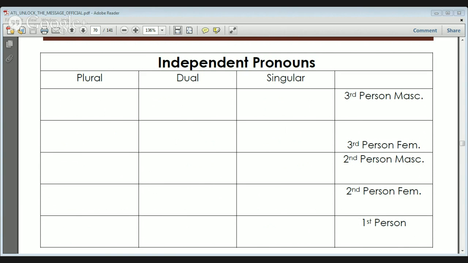So actually, I'm not going to write anything there for you. Same. The third is hum, which means them. And for hum, it's the same exact thing. The attached and the independent are the same.